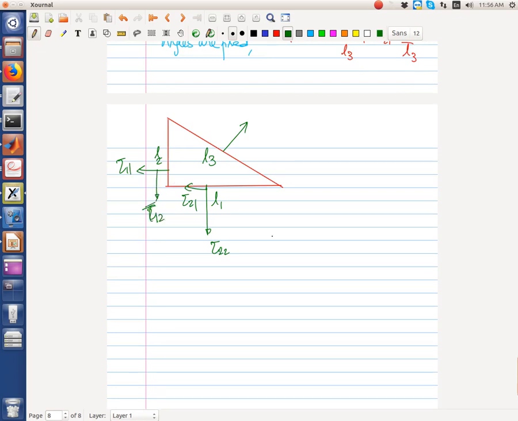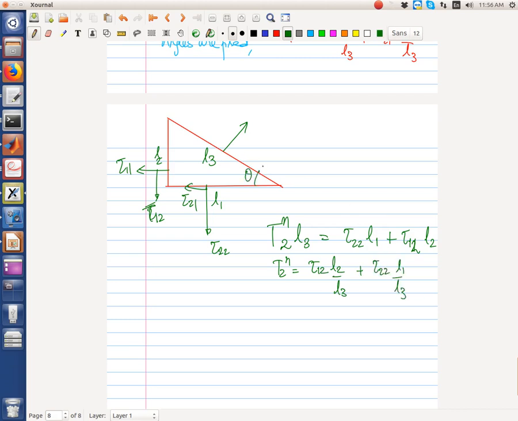In the y direction we have Tn2 multiplied by L3 is equal to T22 multiplied by L1 plus T12 multiplied by L2. We have discarded the volumetric terms because as the volume goes to 0, those become neglected. So T2n is equal to tau 12 L2 by L3 plus tau 22 L1 by L3.